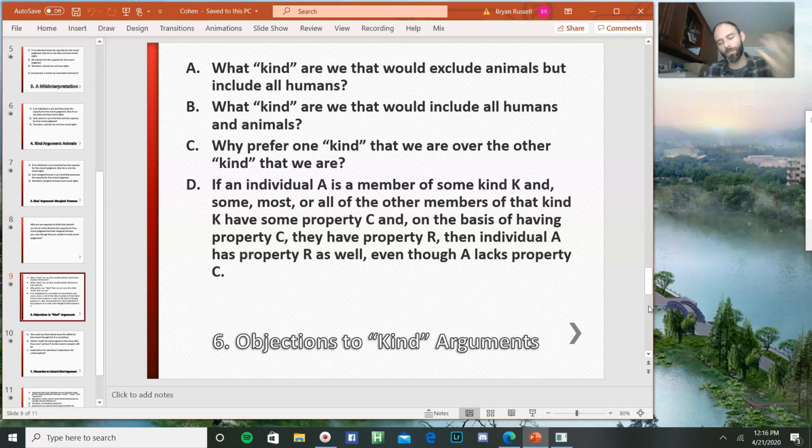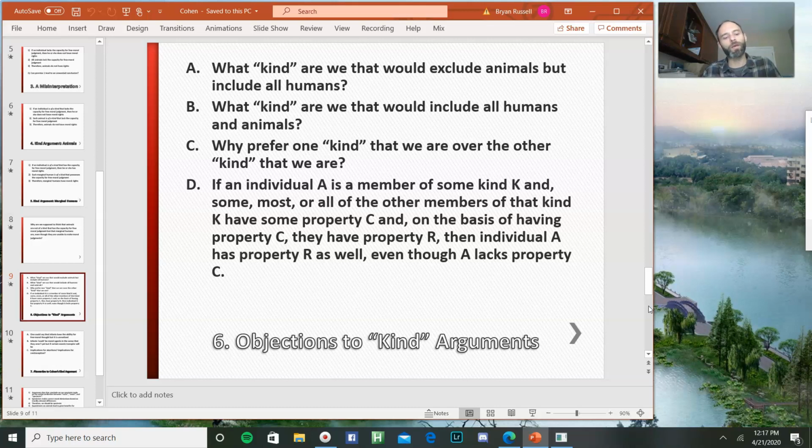Human beings are vertebrates, we have the capacity for free moral thought, so anything else that's a vertebrate gets rights even though they don't have the capacity for free moral thought. So why prefer one kind that we are over the other kind that we are? Or that animals are over another kind that they are.